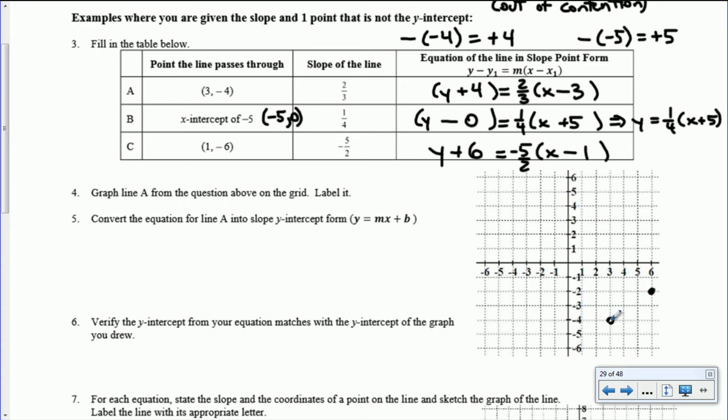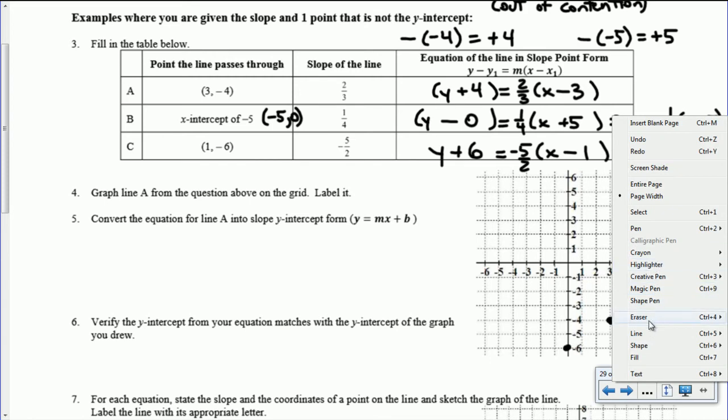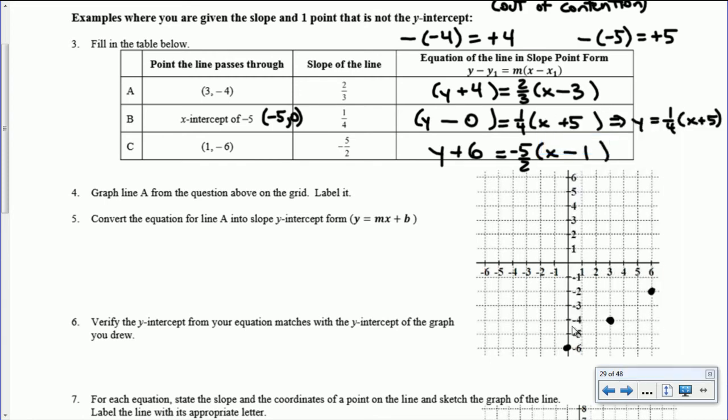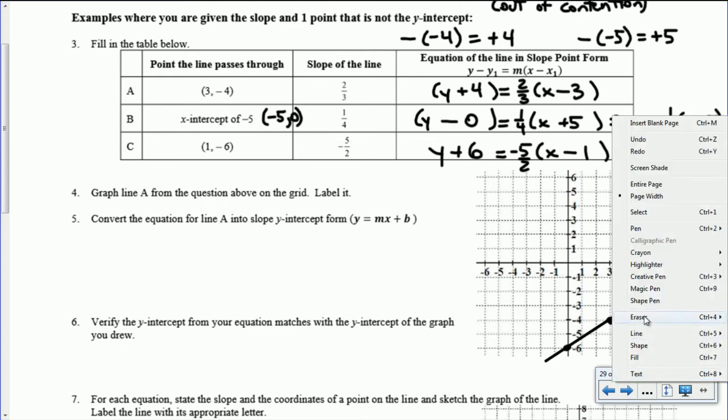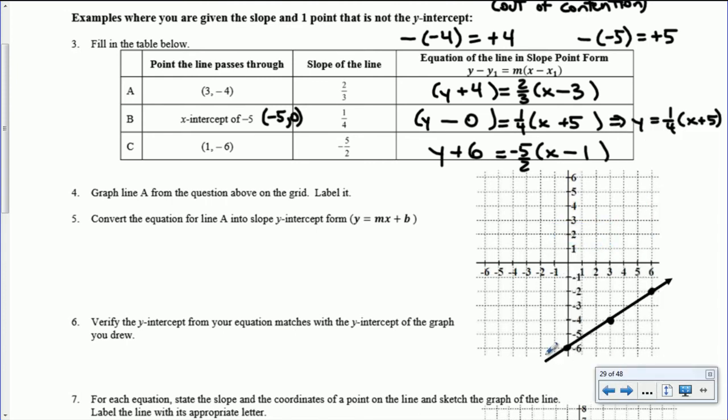And to get to the previous point, we drop 2 and go to the left 3. So let's go ahead and connect those points. There we go. Label it. Okay, that's A.